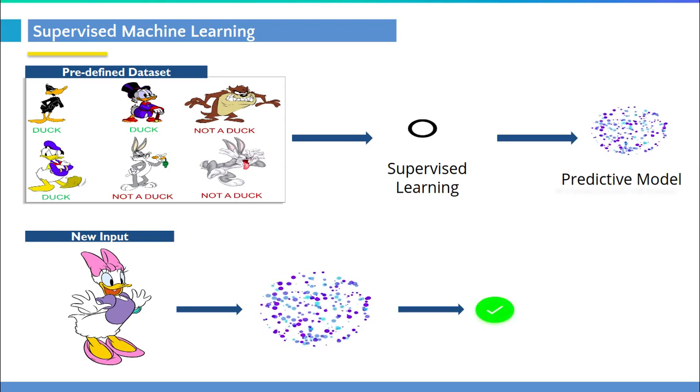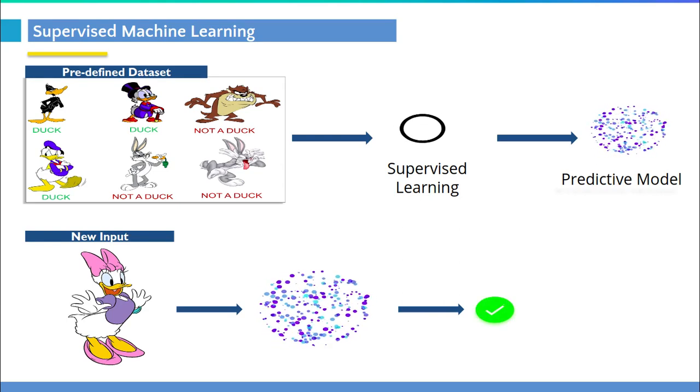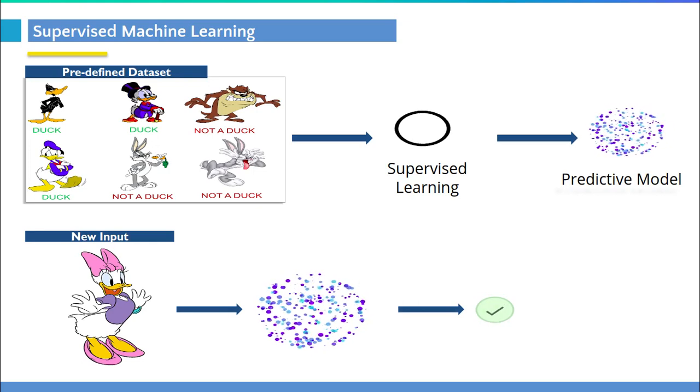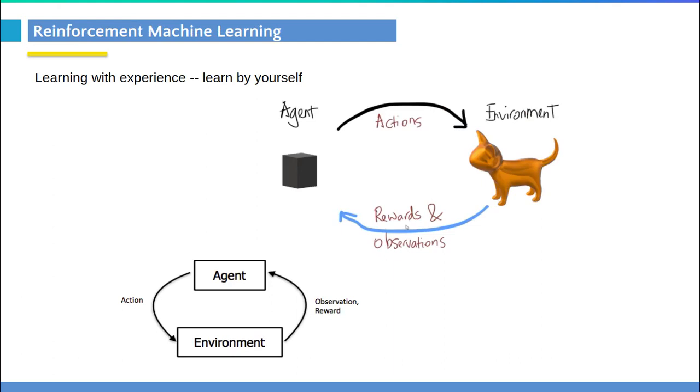We will take a practical approach on how to solve problems using supervised machine learning, and using unsupervised machine learning, especially for grouping and clustering problems, like customer segmentation, right? So those are some of the examples.